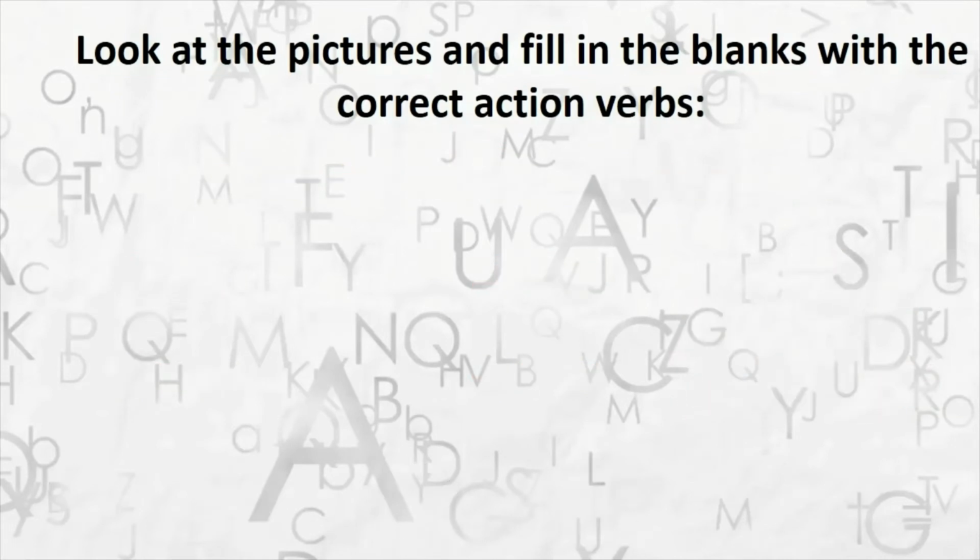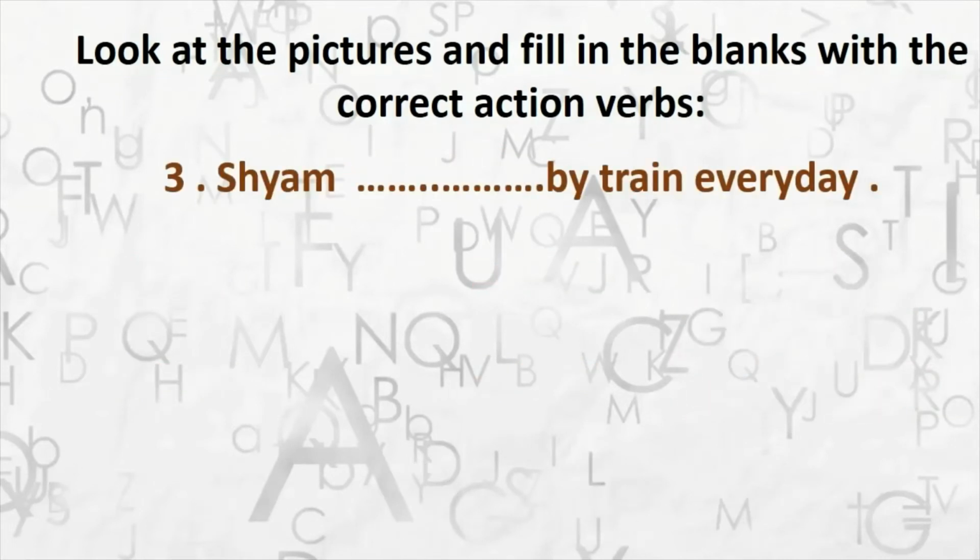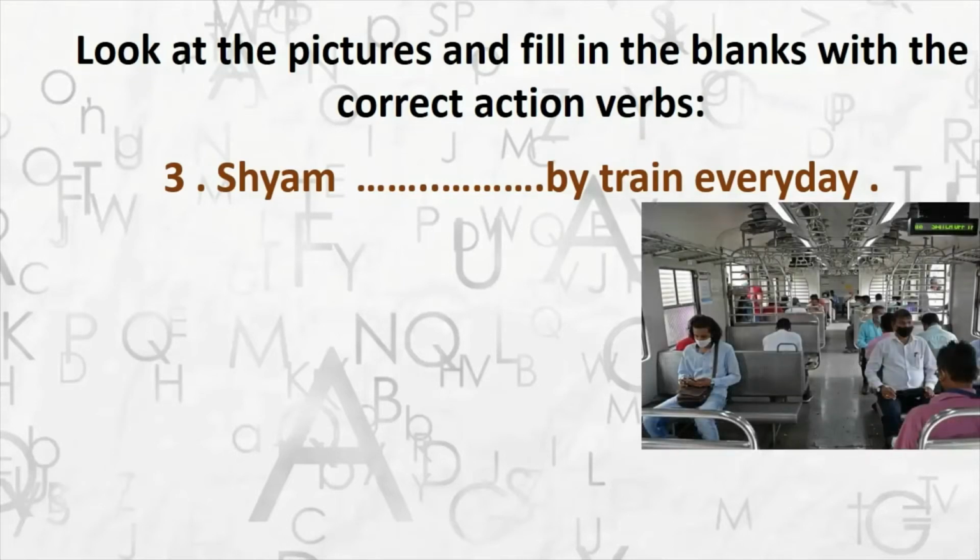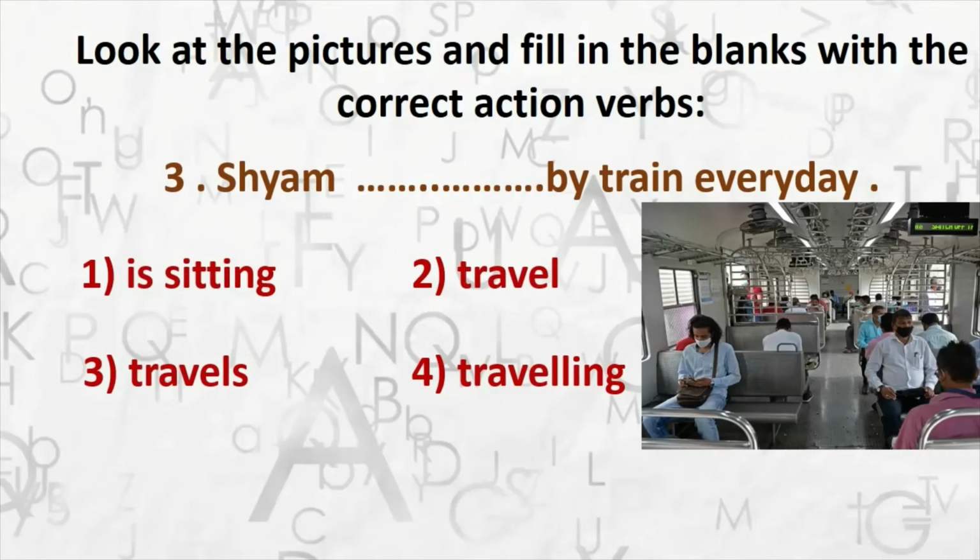Coming on to the next example, Sham dash by train every day. So the one person here is Sham. And what is he doing? Is it Sham is sitting by train every day? Sham travel by train every day? Sham travels by train every day?